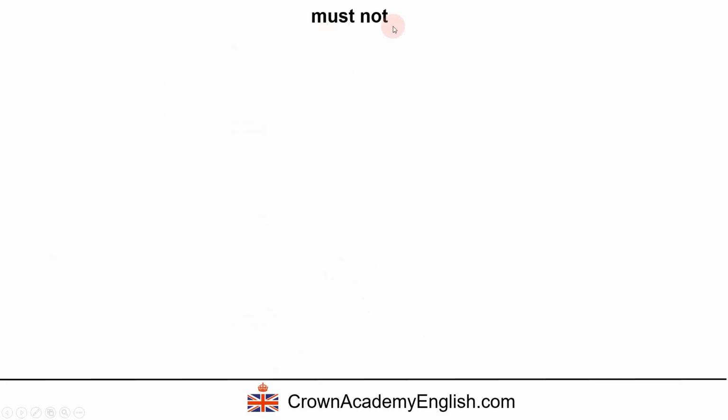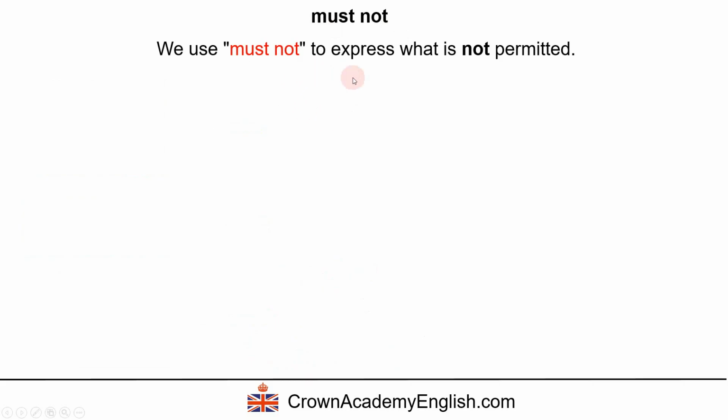Must not. And we use must not to express what is not permitted. And it's usually on signs. So we see must not on official signs. And I found three real examples for you that I have seen.